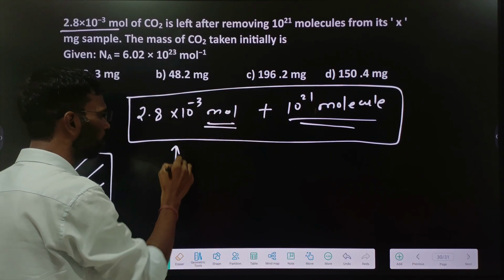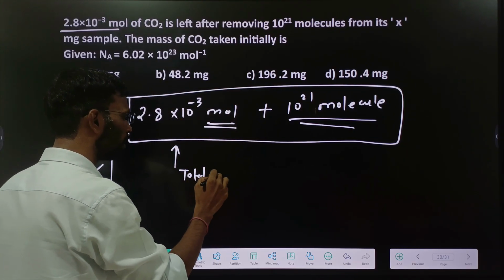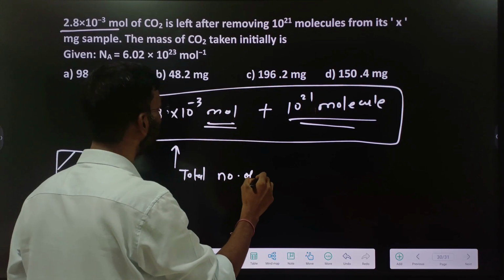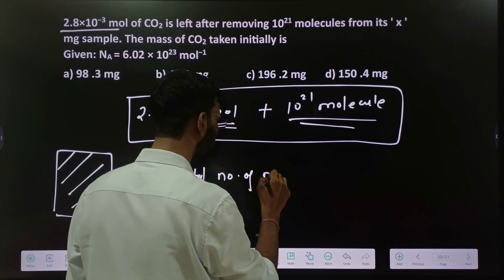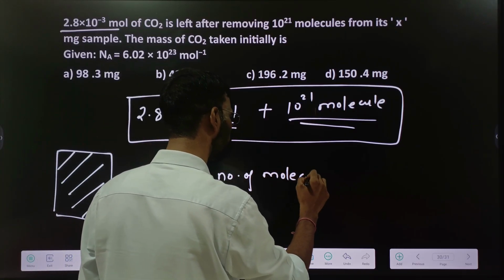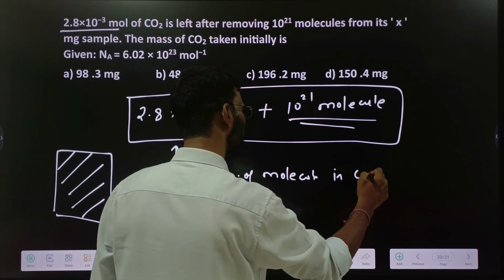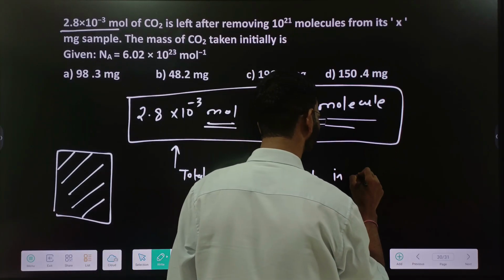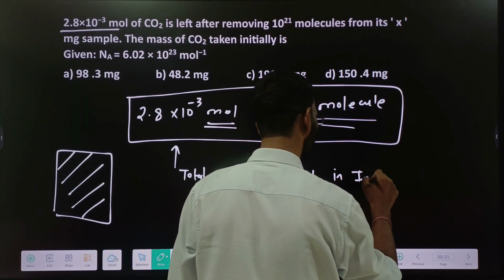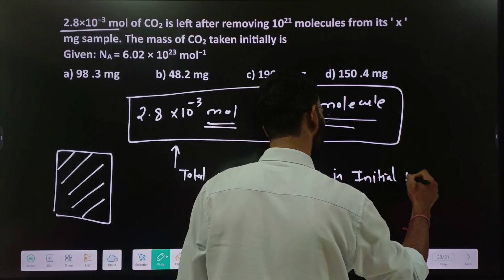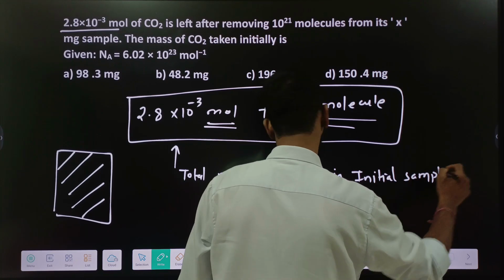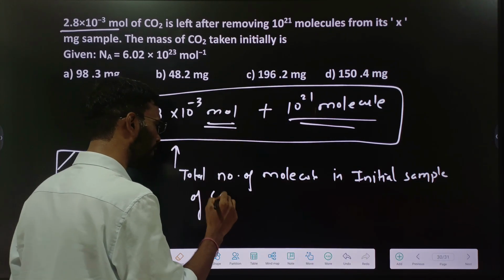I will write total number of moles in the initial sample of carbon dioxide.